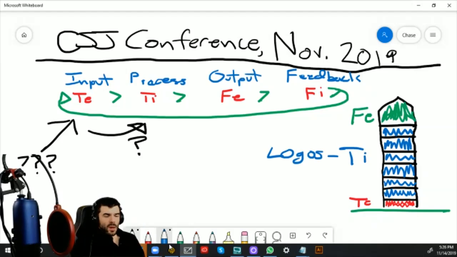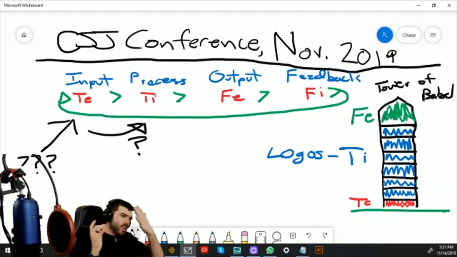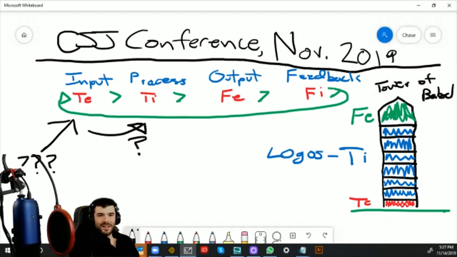So using an example from ancient times, we have something known as the Tower of Babel. So here we go. This is the metaphysical symbol of the Tower of Babel, okay? Symbologically speaking, it is all of the collective knowledge of man in one place. What was the Tower of Babel?